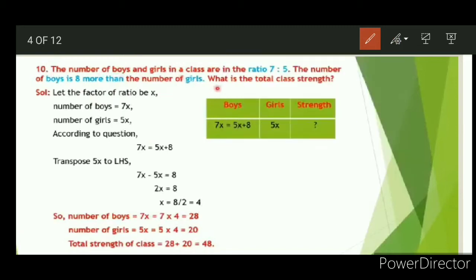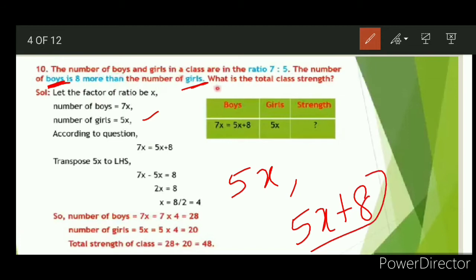The number of boys is 8 more than the number of girls. Here boys are the dependent term. They are depending on girls, right? Girls strength is how much here? 5x, right? Boys strength is 8 more than girls. 8 more than girls, that means 5x plus 8.